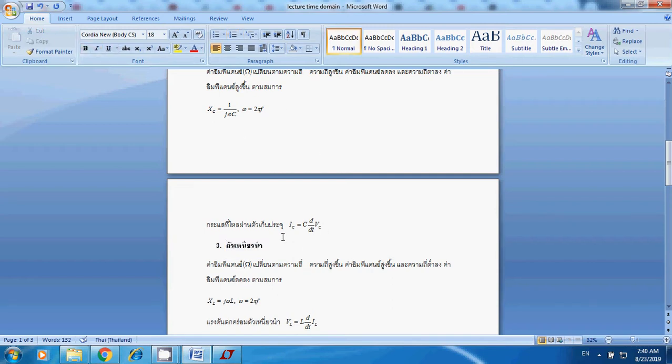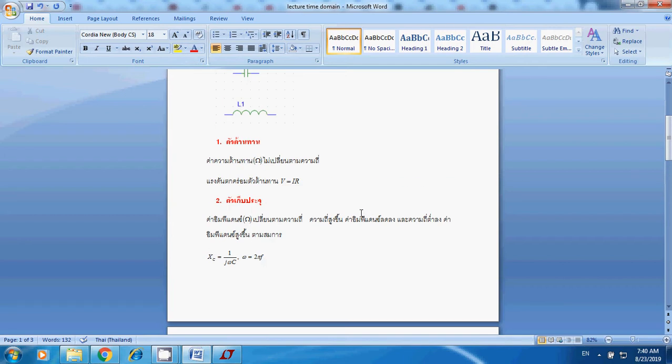Okay, and now what else about our resistor? You can see that the voltage drop across the resistor is going to follow Ohm's law, V equal to IR.